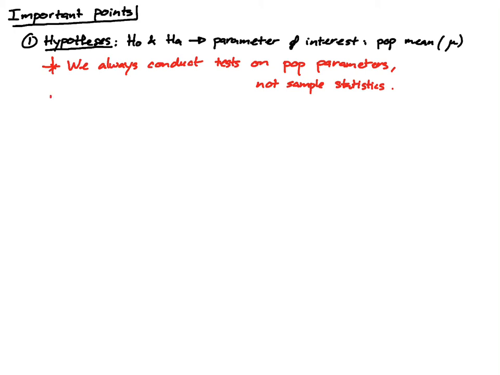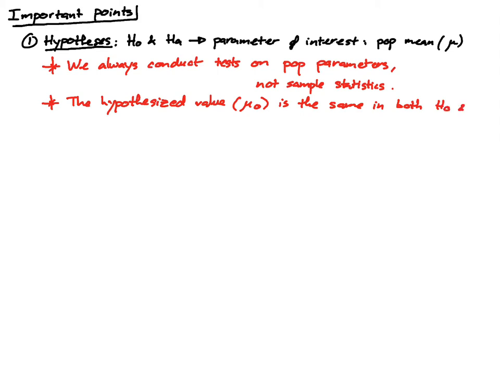The second point I want to make is that the hypothesized value mu sub 0 is the same in both the null and the alternative hypotheses. So let's look at an example.